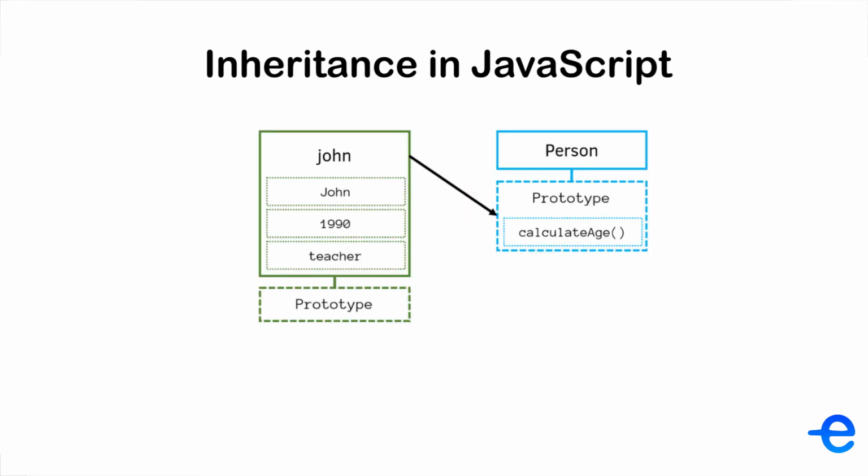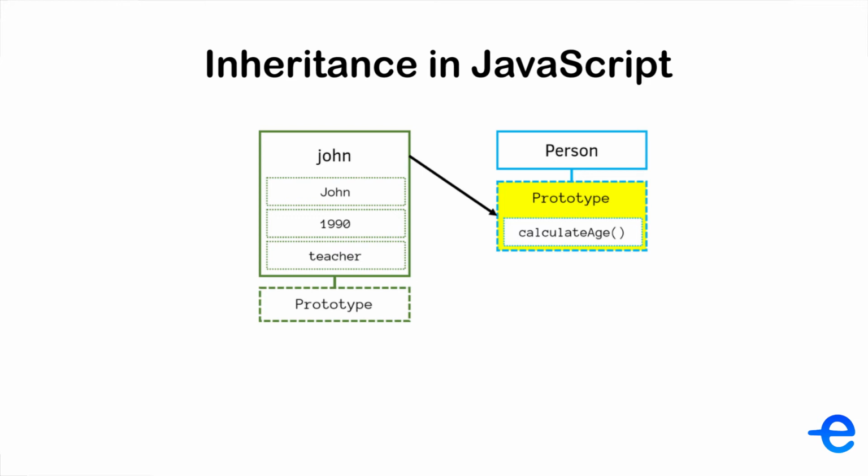So how does inheritance work in JavaScript? Each and every JavaScript object has a property called prototype. This prototype property makes it possible to pass methods and properties on to the child object. Let's say the John object wants to access the calculateAge method from the person object. To make it possible, the person object will need to put its calculateAge method in the prototype property.